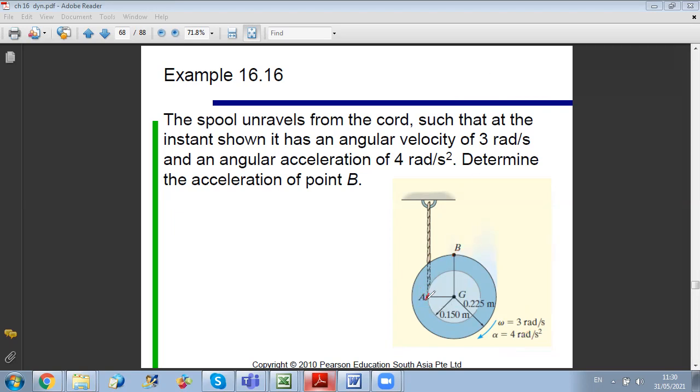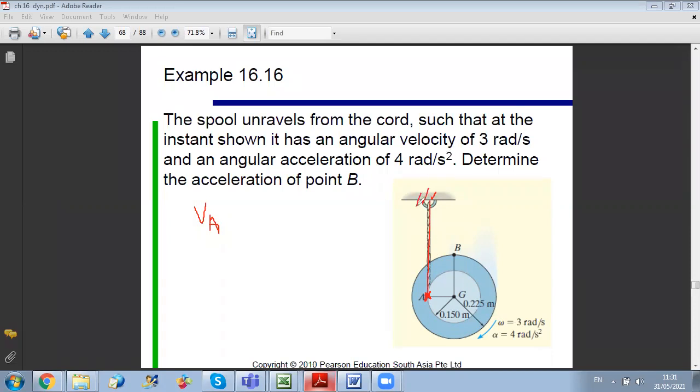concerning point A, please pay attention to something. When we say rolling without slipping, this means that at this point you have the same velocity, but not the same acceleration. So don't confuse this. You can say that V of A is 0 because we have rolling without slipping, and this cord is attached to a fixity.